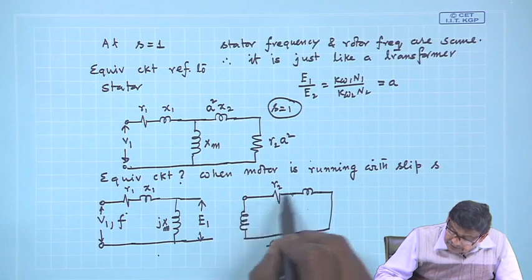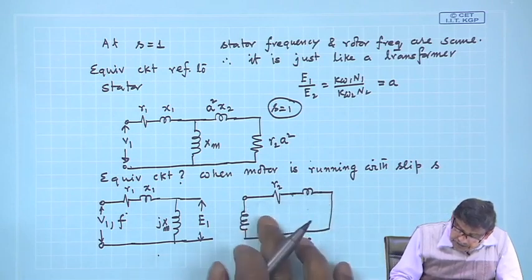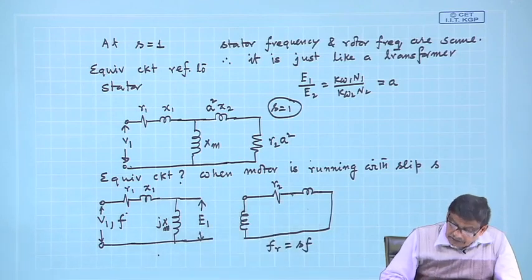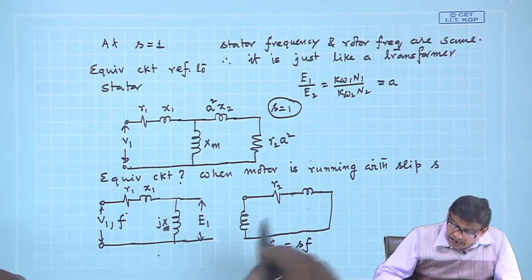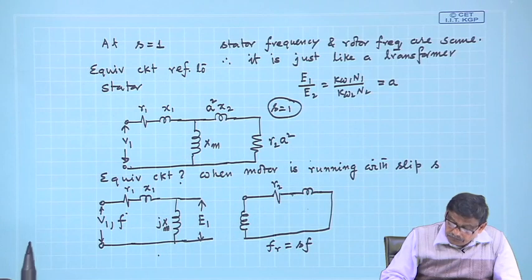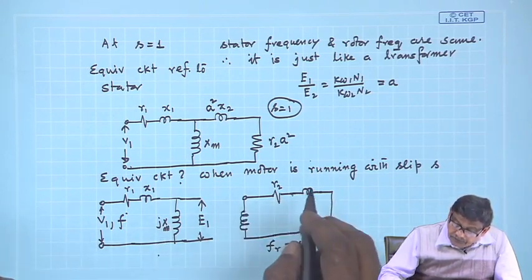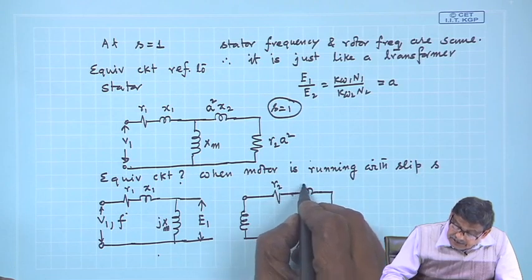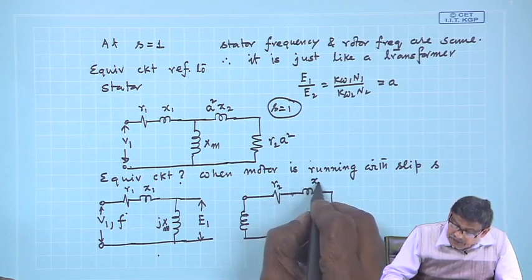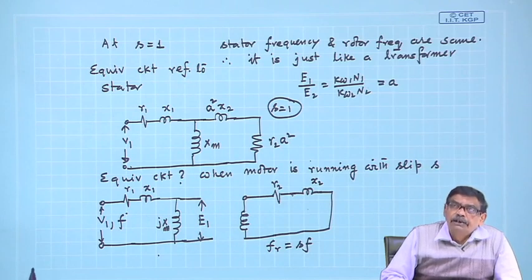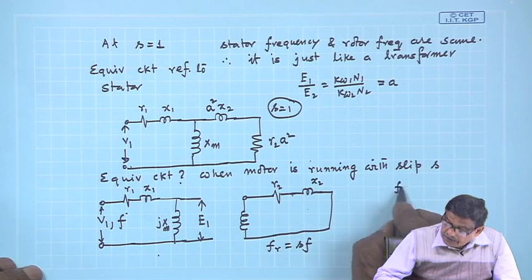Now, in this circuit, the frequencies of primary and secondary coil are different, that is one thing. And second, another modification I have to do, because the rotor current or voltage frequency is SF. This reactance X 2 was at 50 hertz. Therefore, what will be its reactance at SF hertz?